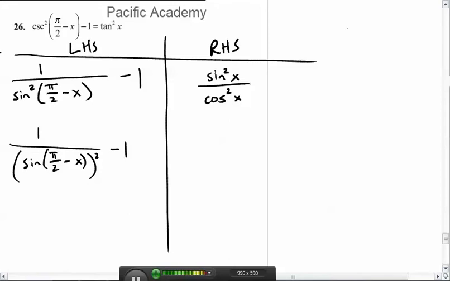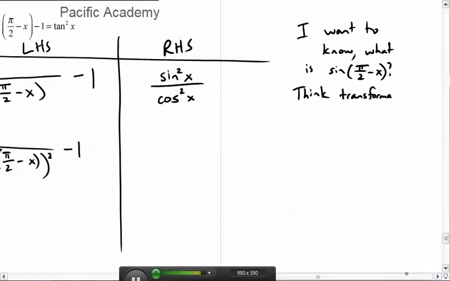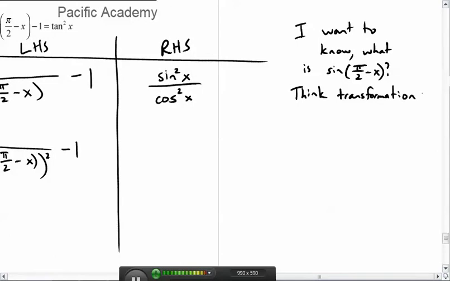So really, I want to know what is sine of pi over 2 minus x? So I'm going to think about my transformations unit. This kind of looks like a transformation. A little side note here.